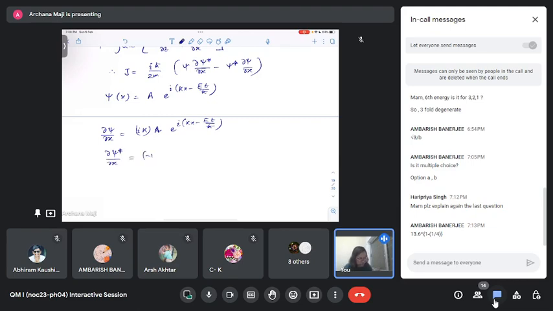When you replace these two in the probability current density, you will get mod a square. Then the exponentials will get cancelled out because here you have plus i and here you will have minus i when it is starred. So you understand, right?